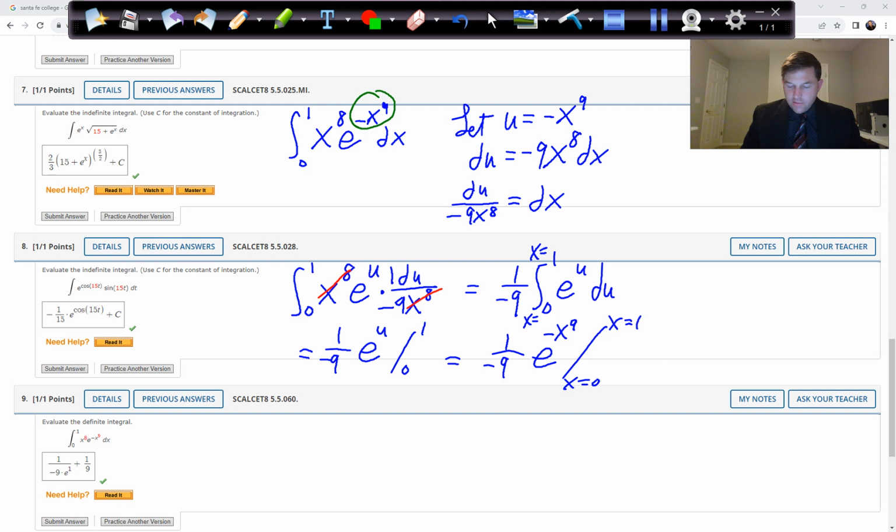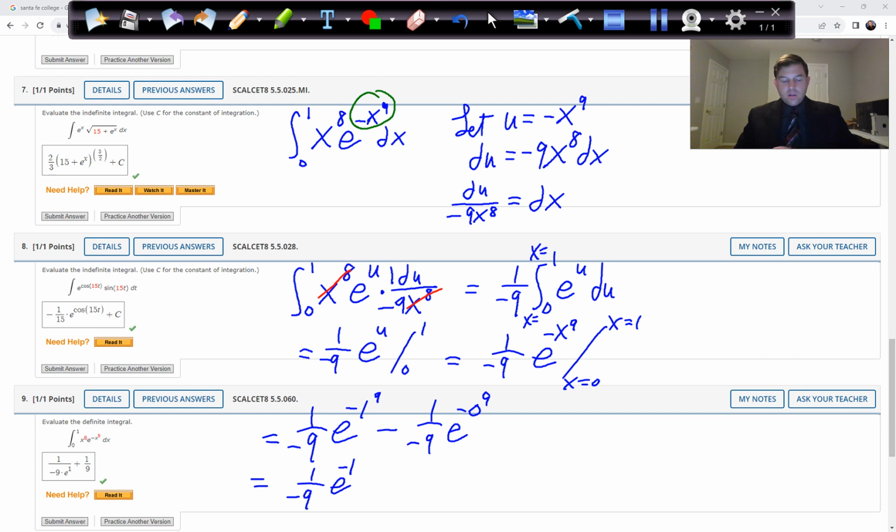Okay, so now that I have x's back in there, we can plug in our limits. 1 over minus 9, this would be e to the minus 1 to the 9th, minus 1 over minus 9, e to the minus 0 to the 9th. Well, this is going to be 1 over negative 9, e to the 1 to the 9th is 1, times minus is minus 1.